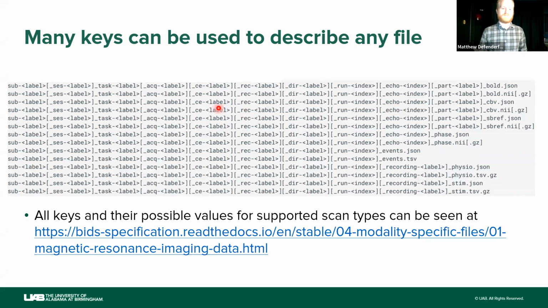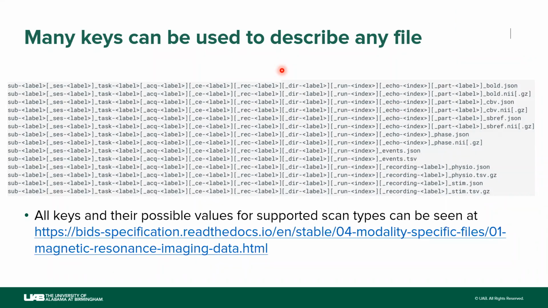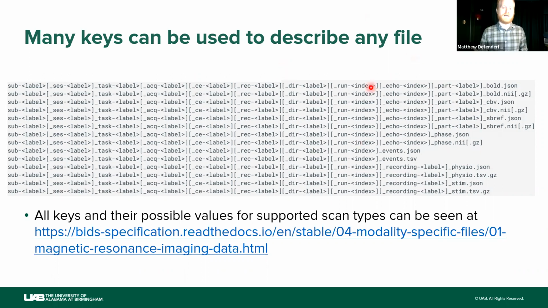I think that the rec here is more of a catch-all that I've used before to denote a specific thing about the scan that wasn't captured by any of these other key-value pairs. And then they all end in a specific suffix.